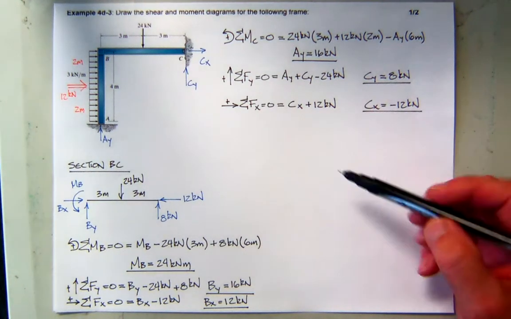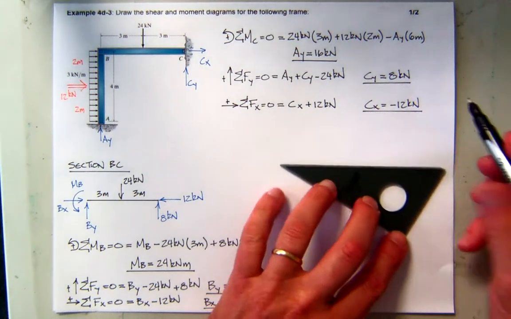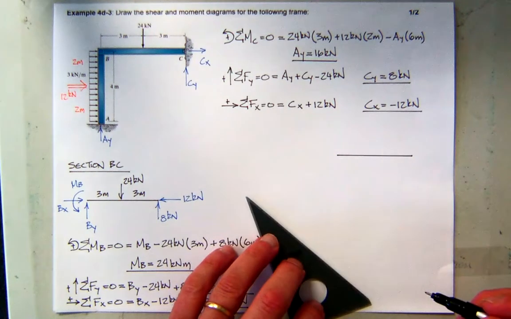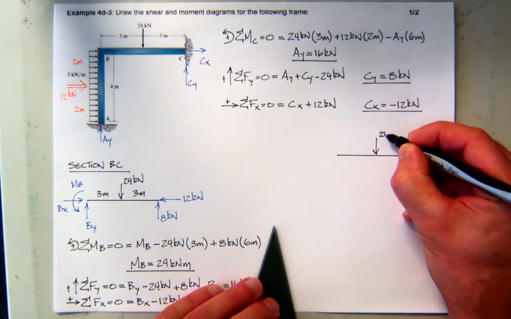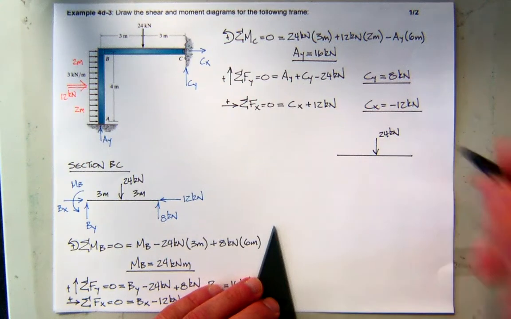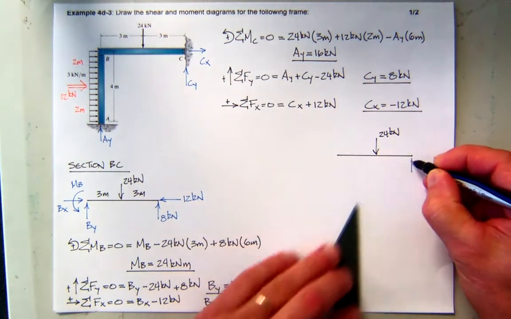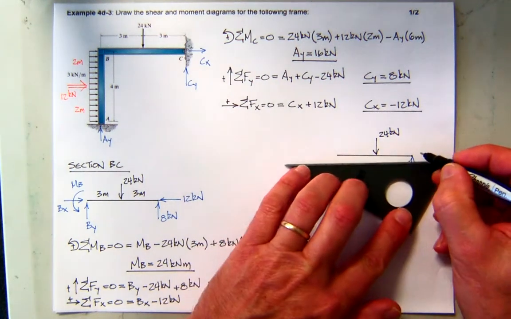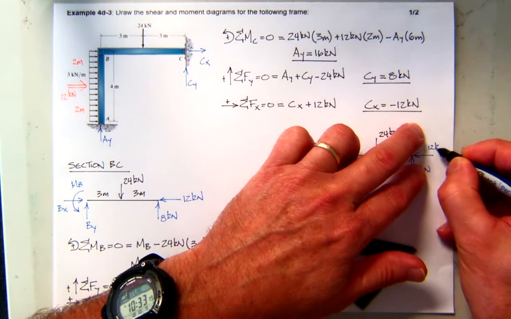So what I'm going to do is redraw over here and put all my components back on. So here's the section BC with the original 24 kilonewton load applied. And we have found that CY was 8 kilonewtons and that CX was to the left, equal to 12 kilonewtons.